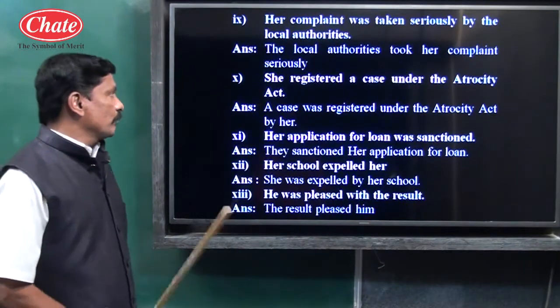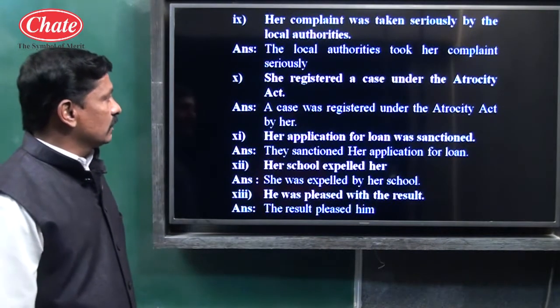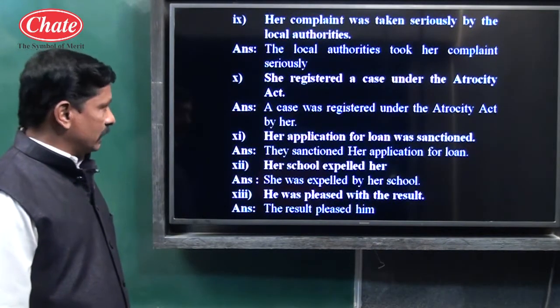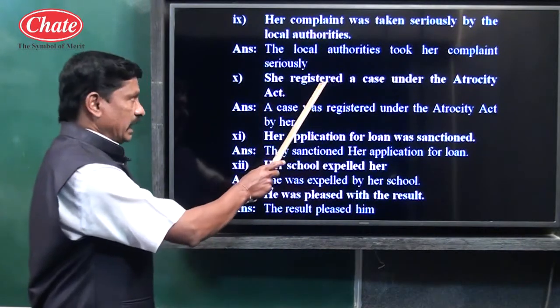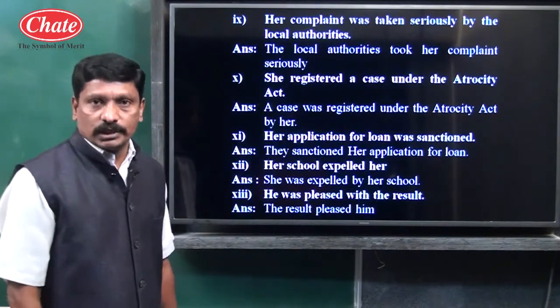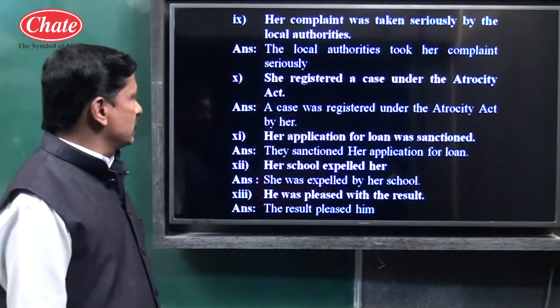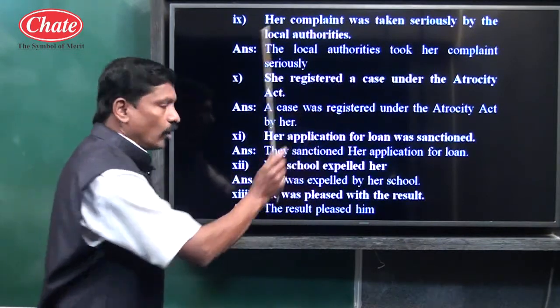Let us see example number 10. She registered a case under the Atrocity Act. She registered, subject, second form of verb, and the rest of the part is an object. So children, the given example is in active voice because we come across the structure subject, verb and object.